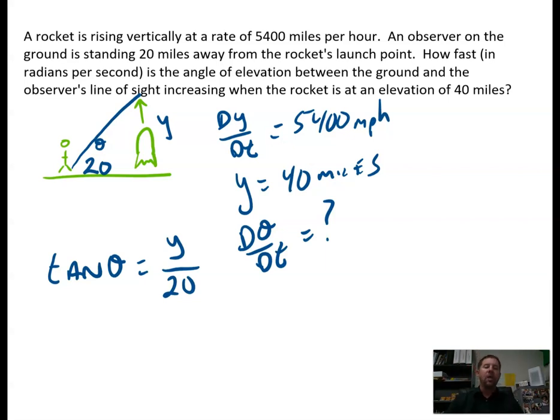Once you have your equation, we can take the derivative with respect to time. Before taking the derivative, even though I could write this as 1 over 20 times y, I think it's easiest to multiply both sides by 20, so we're going to work with the equation 20 tan theta equals y.